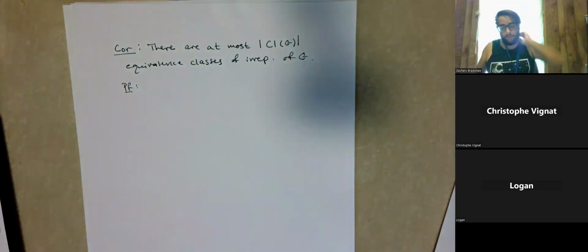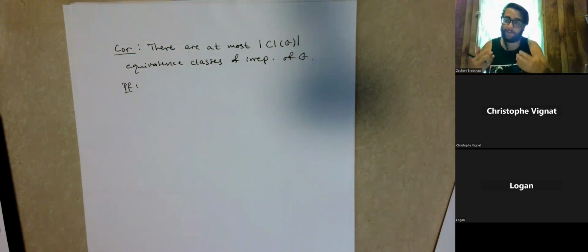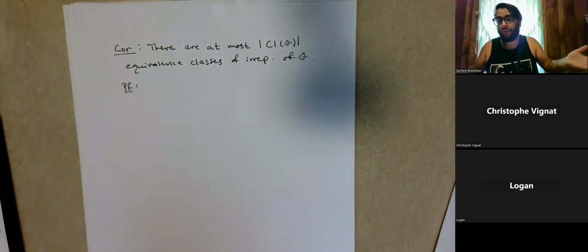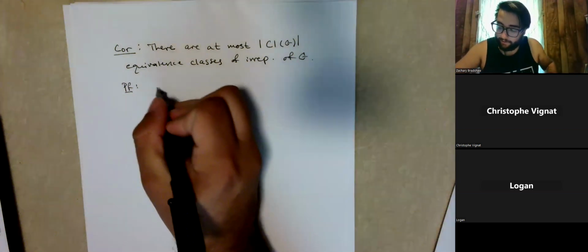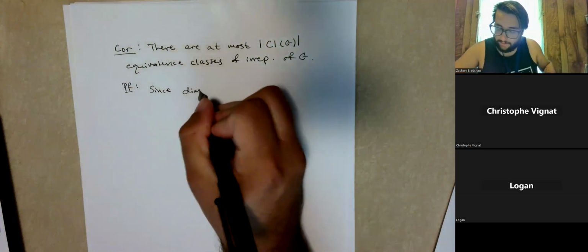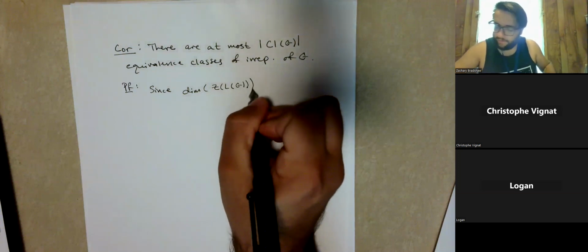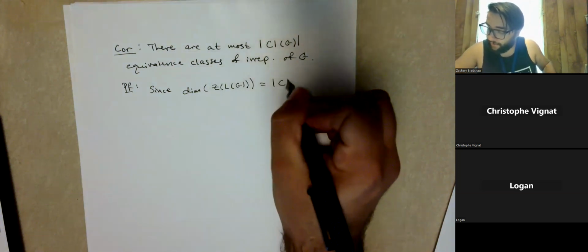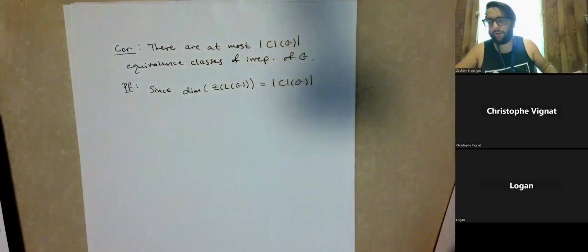Let's prove it. So by the theorem, irreducible characters form a linearly independent set because, well, they're orthogonal, and orthogonality implies linear independence. Now, since the dimension of Z(L(G)), so the dimension of the space of class functions, is equal to the order of CL(G) as we proved, then the corollary follows.